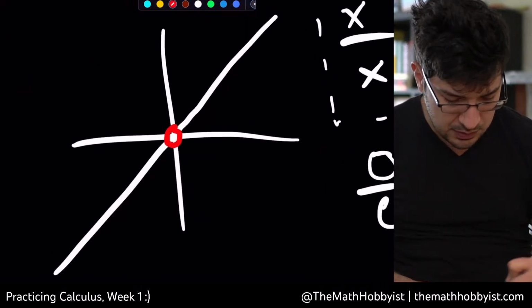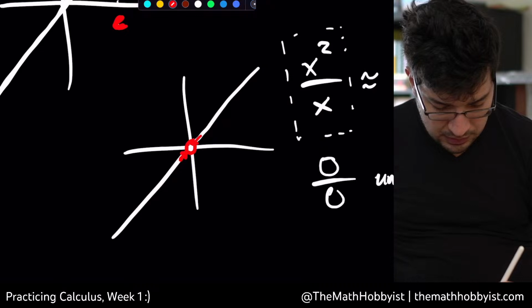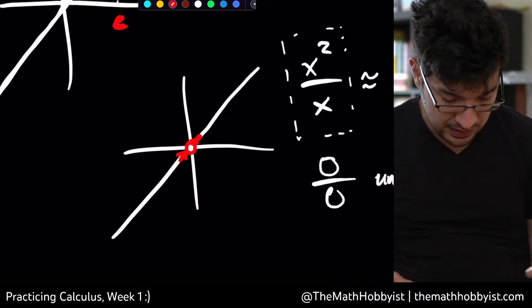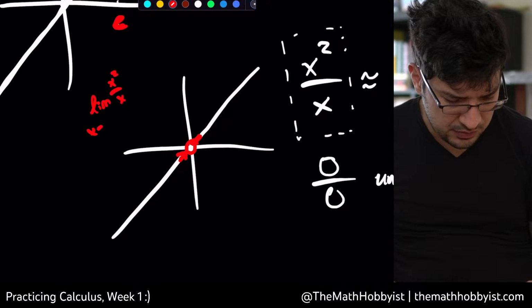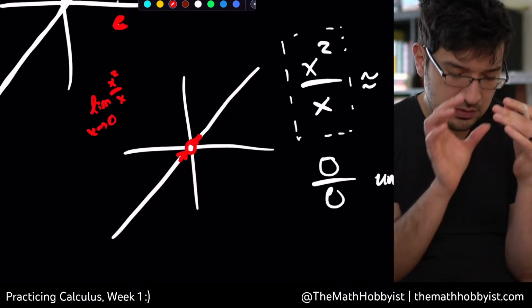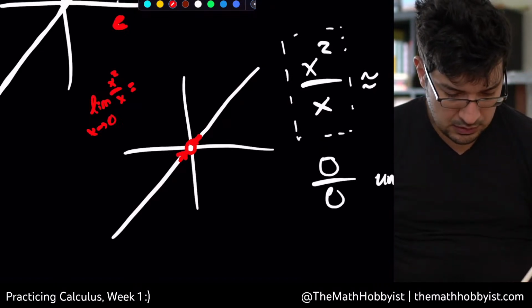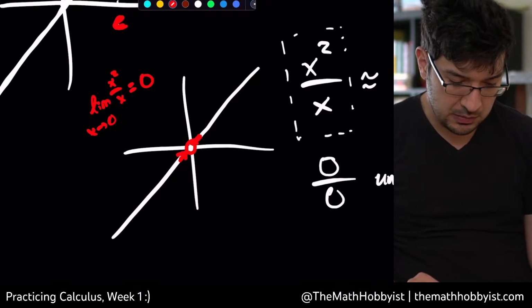Now, what I'm trying to get to is, okay, maybe it is undefined there, but the limit of x squared over x as x approaches 0, for all the values near the point 0, the y value is near 0.